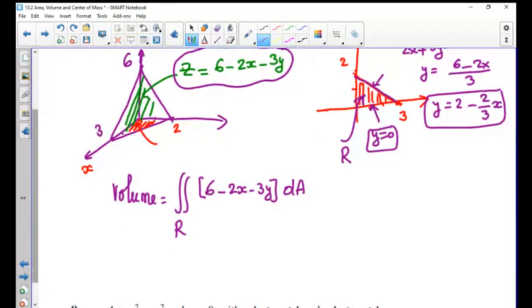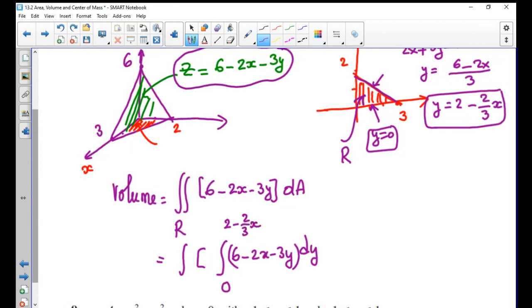And now, over R, I can split this into the integral with respect to y first, from y equal 0 to 2 minus 2 over 3 x.